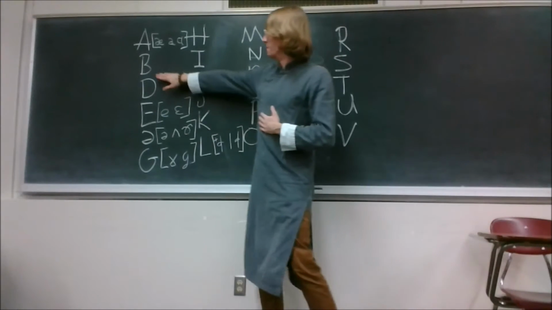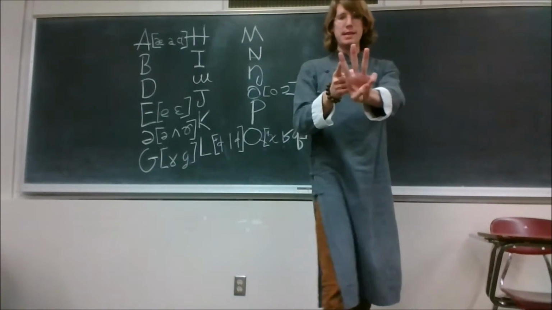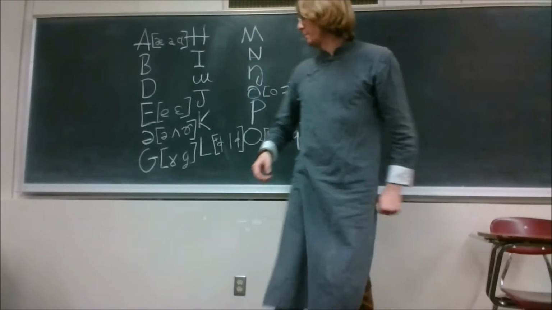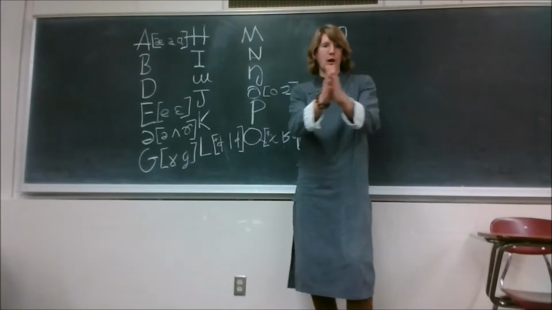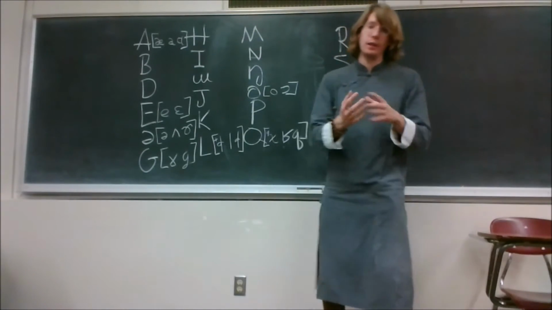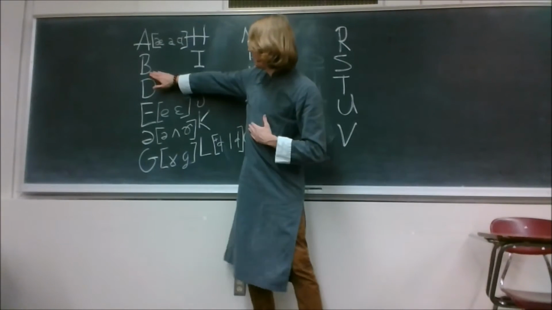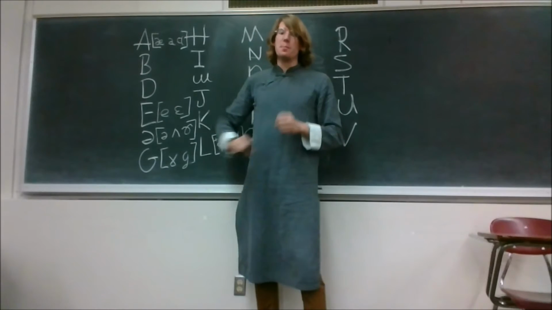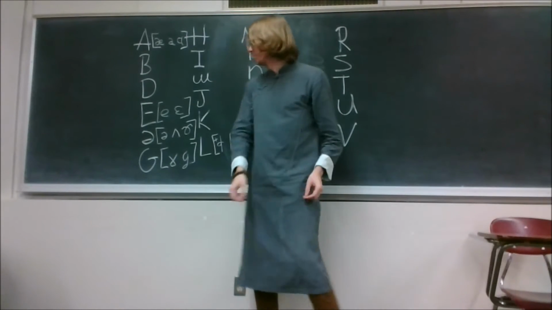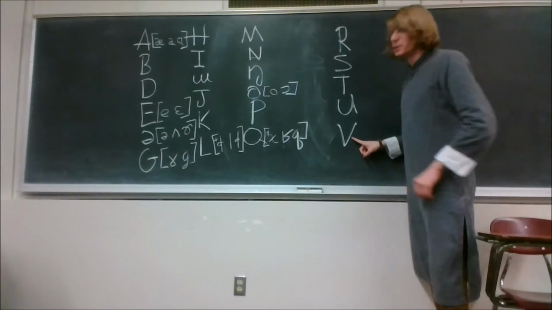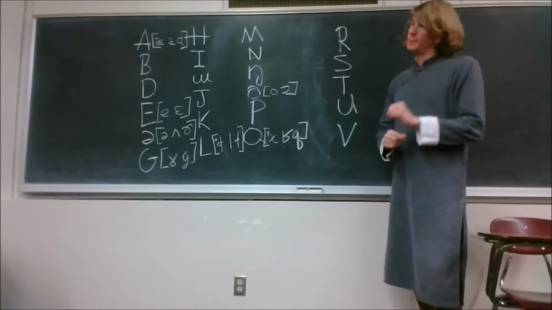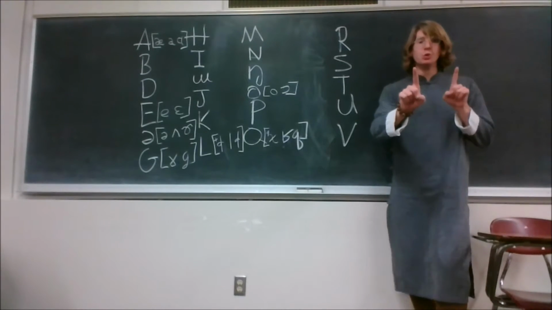We also have the B, and this can have three different allophones, okay? And allophones, of course, are different varieties of the same sound, or in linguistics, we would say the same phoneme. So we can have B at the beginning of a word. We can also have the variant which is between two vowels.